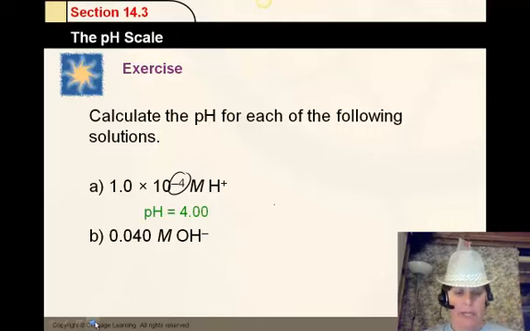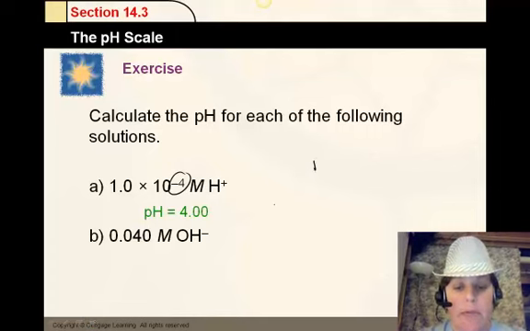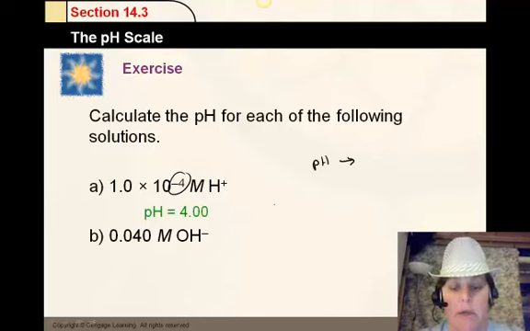And 0.040 molar OH negative ions. Now, later on in this slide series, we're going to see about pOH. And personally, that's the way I like to do it. Remember, if you go from pH to hydrogen ion concentration, how do you go from there to there or backwards?